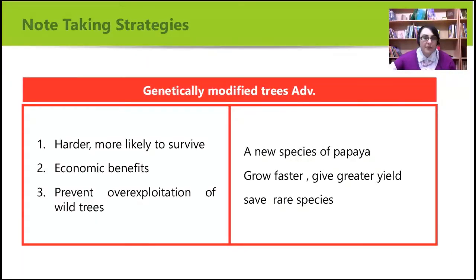But please pay attention to the left part of your screen. Okay, so harder, more likely to survive. Economic benefits. Prevent overexploitation of wild trees. So these are the basic things that you must catch and you must focus on, and you must build your essay accordingly. Okay?